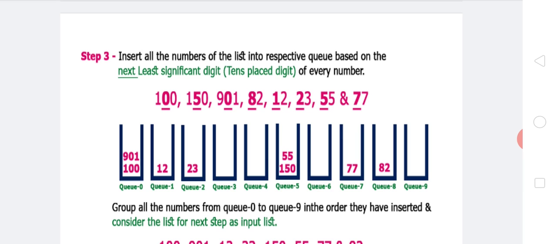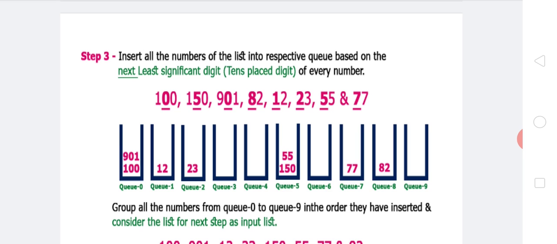Now we will collect the output of step number 3, by removing all the elements from the queues. The first element we remove is 100. Then we remove 901 from Q0 and place it from left to right. Then we remove the queue number 1 element, which is 12.